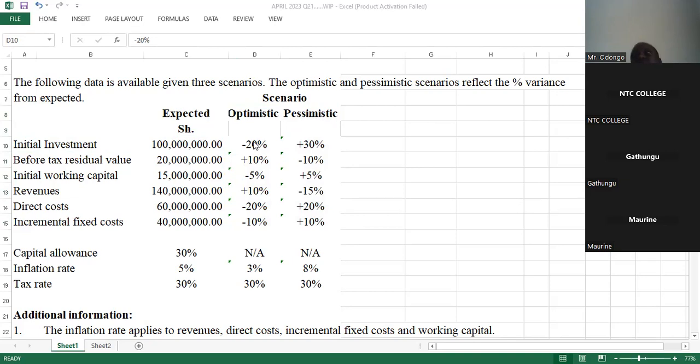In simple terms, what does this mean? That under the optimistic case, the initial investment should be how much? Let me hear from one of you. When the expected was 100 million, and now the optimistic, we have a change of minus 20%.